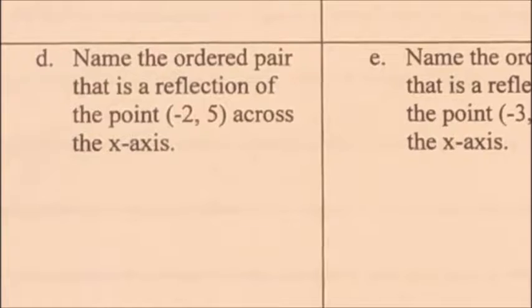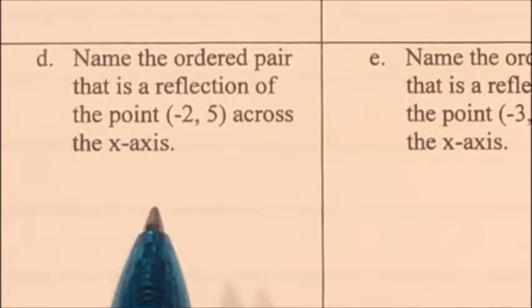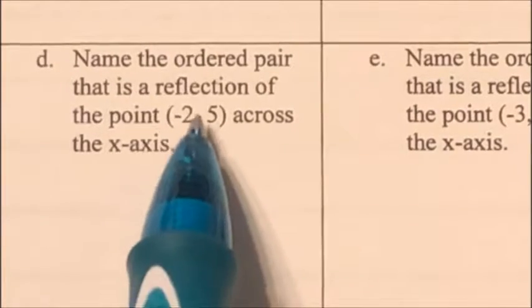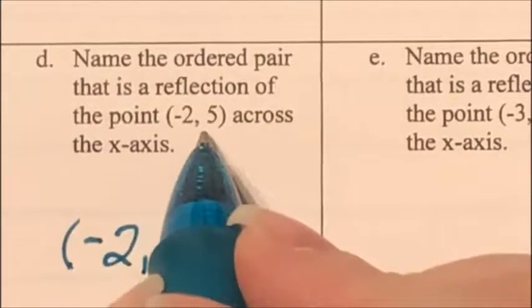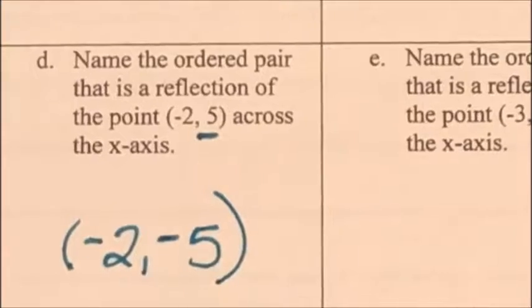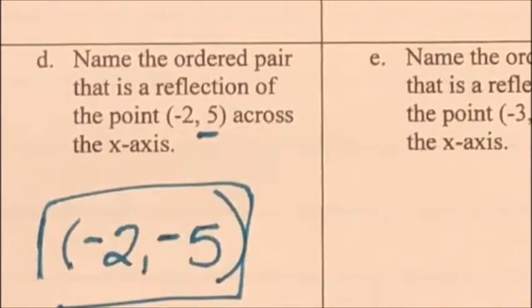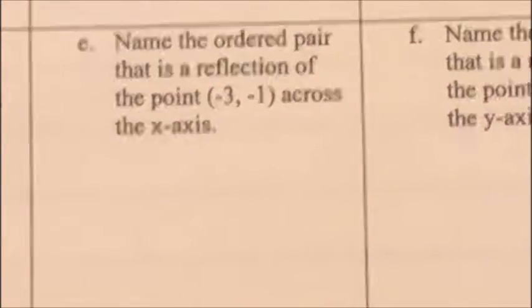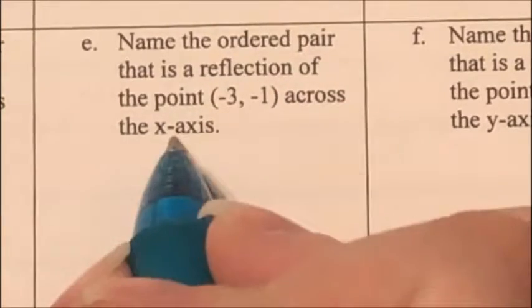Letter D says name the ordered pair that is a reflection of the point (-2, 5) across the x-axis. Okay, so again, x-axis, my x stays the same, my y changes, it's the opposite. So I get (-2, -5). Letter E says name the ordered pair that is a reflection of the point (-3, -1) across the x-axis.